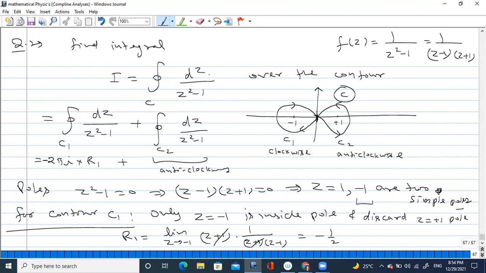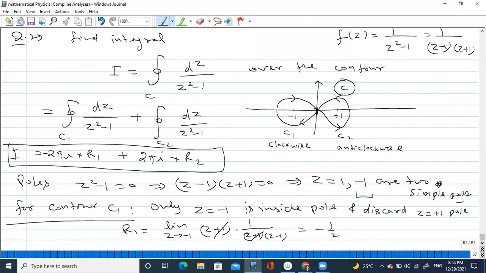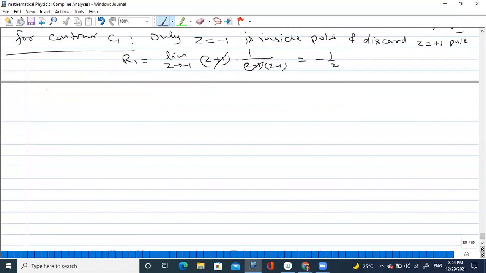Plus, for this anticlockwise, the answer will be 2 pi i into R2. So that will be the integral. So just R1 and R2 I am finding out, because I know there is only one residue here, one residue here. Okay.